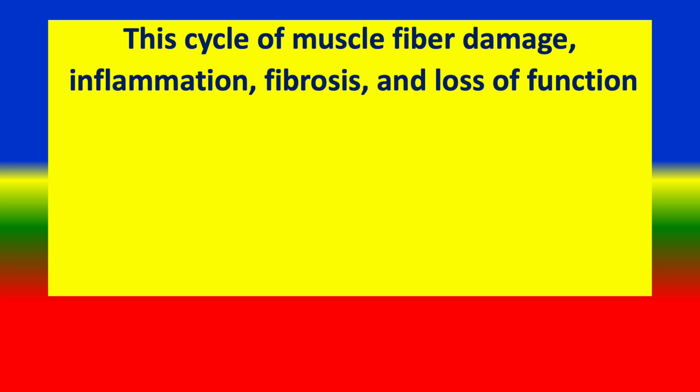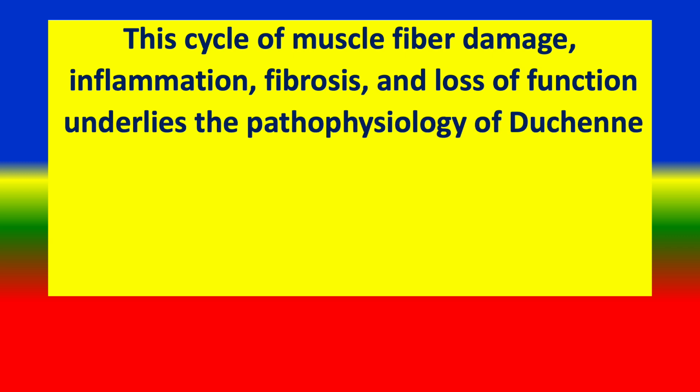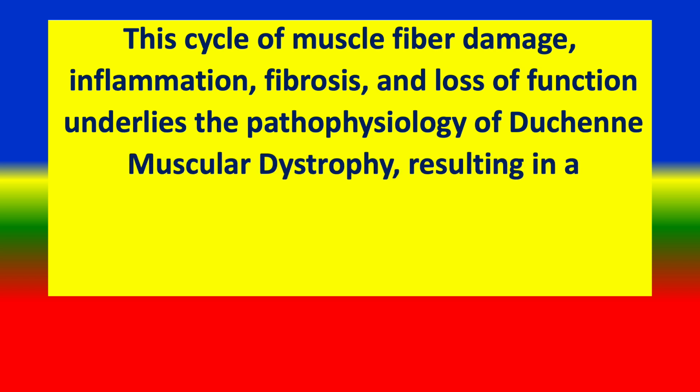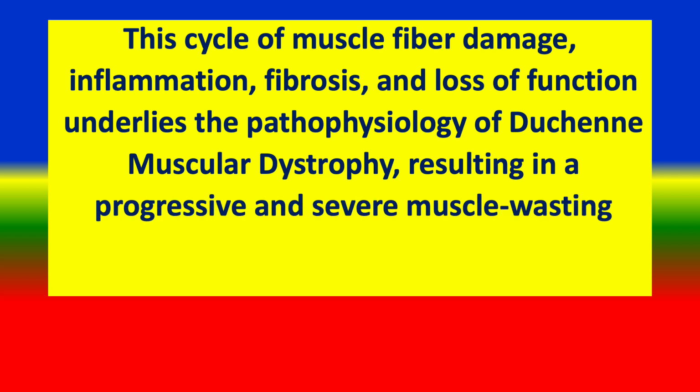This cycle of muscle fiber damage, inflammation, fibrosis and loss of function underlies the pathophysiology of Duchenne muscular dystrophy, resulting in progressive and severe muscle wasting disease.